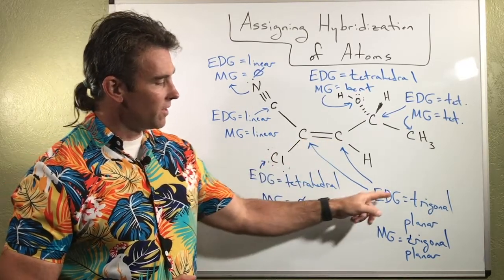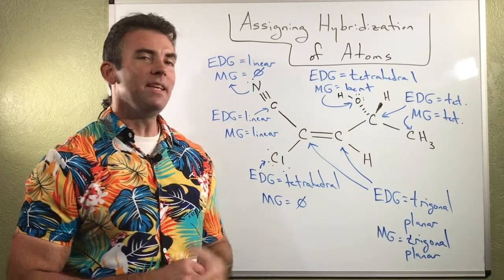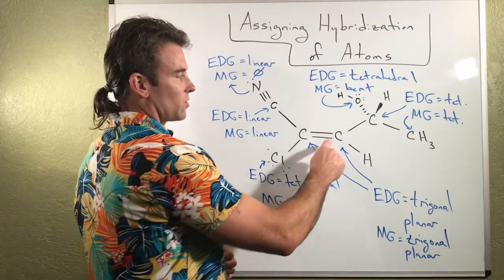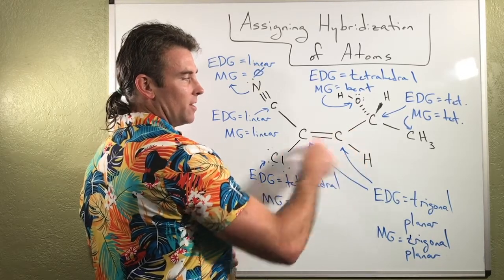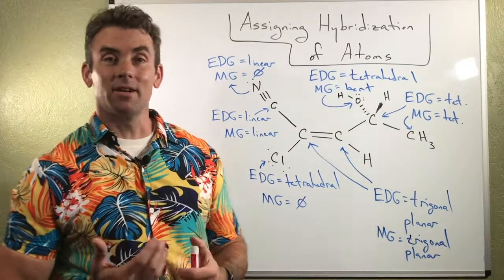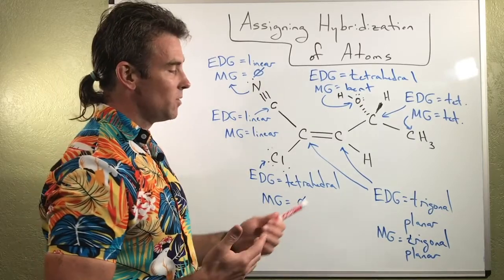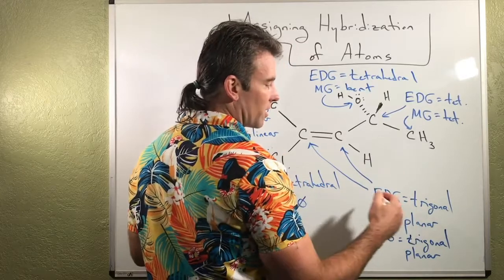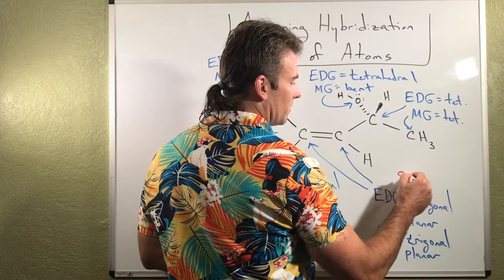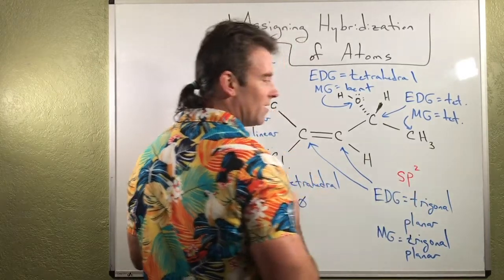All right? We know that they're trigonal planar. Well, what that means is that if this thing is trigonal planar, I have to make space for 3 different electron domains. That's why it's based on a trigonal planar geometry. Anytime you have a trigonal planar geometry, you're going to be using 1 s orbital and 2 p orbitals.